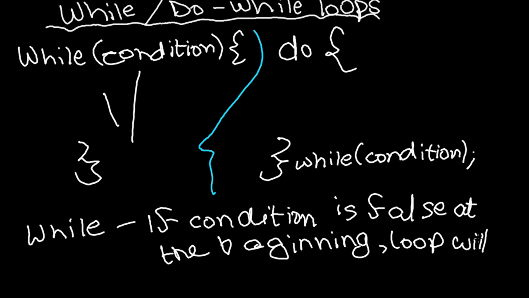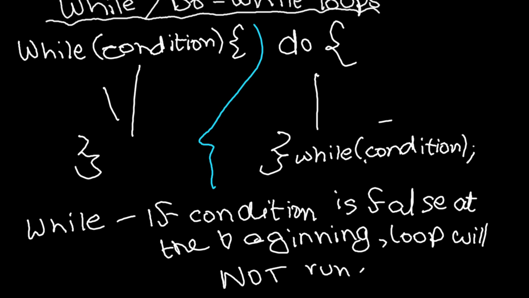But in a do while loop, even if the condition is false in the beginning, it will run once, and then it will see that the condition is false, and then it won't run a second time. So that's the difference between a while and a do while loop.